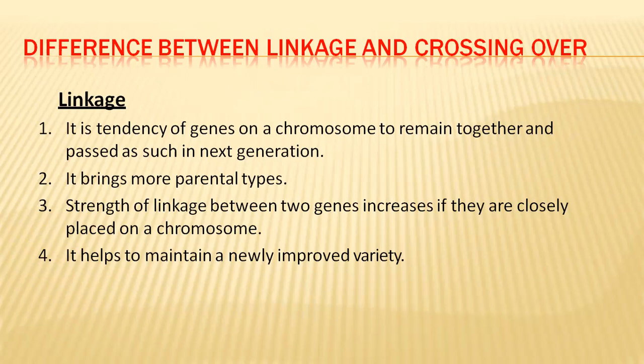And it helps to maintain a newly improved variety. If a new variety has been formed, and after that linkage is developed in between these new gene combinations, then the new variety will be maintained for several future generations due to this linkage process.